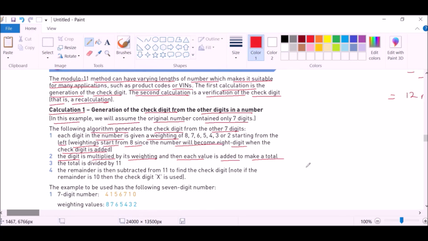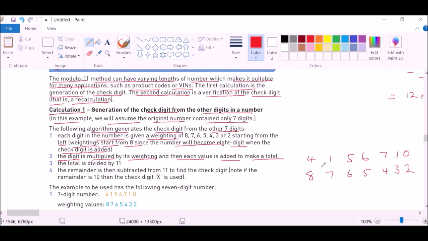So if we have, for example, a 7-digit number of 4156710, the corresponding weights of these numbers are 8, 7, 6, 5, 4, 3, and 2.